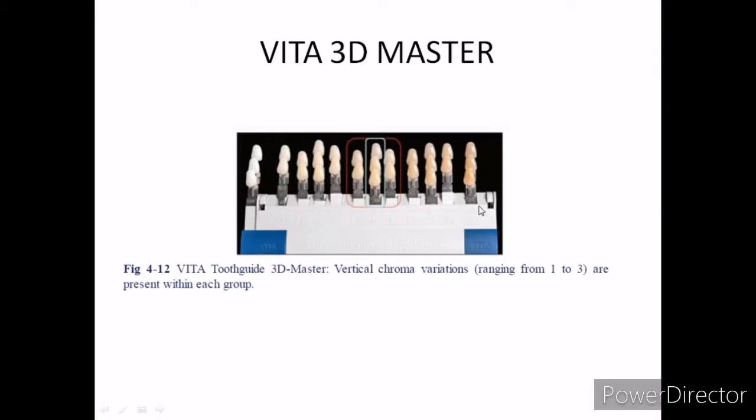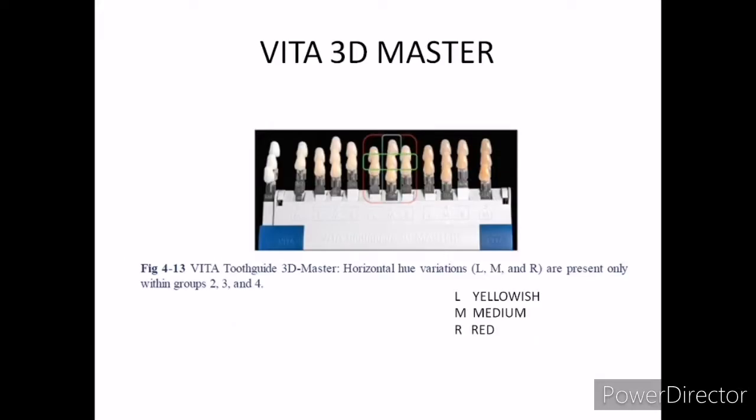So every group has a vertical chroma variation. While the horizontal hue variation, L, M and R, are present only within groups 2, 3 and 4. Only within these 3 groups you can see the horizontal hue variation. L stands for yellow, M stands for medium and R stands for red.